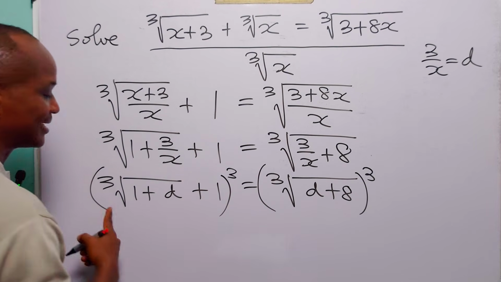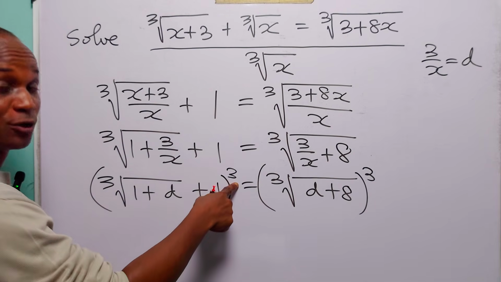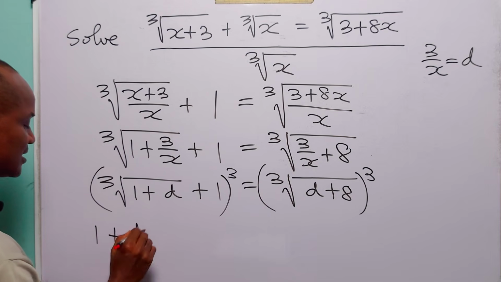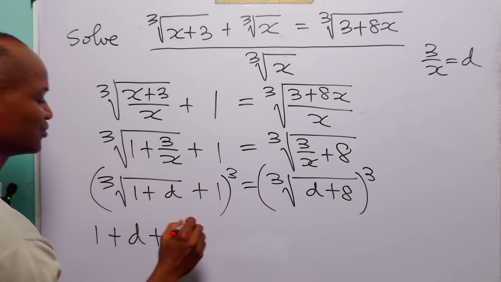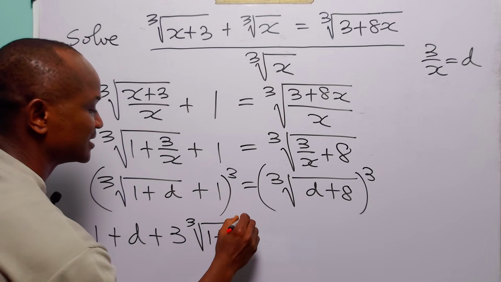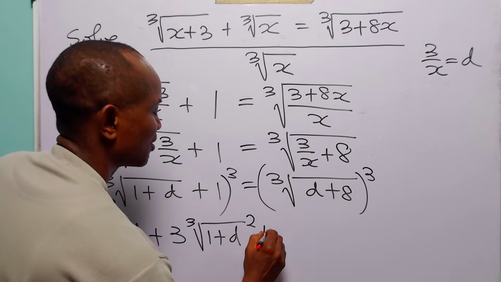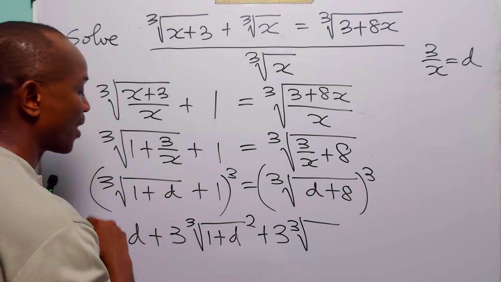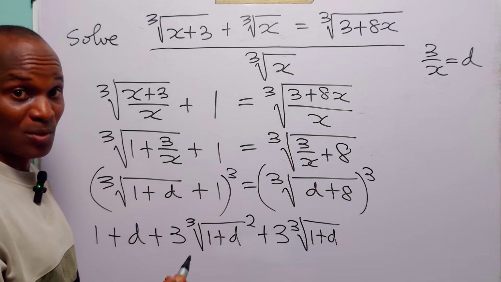Now, to expand the left-hand side, we have the cube root of 1 plus d cubed, which of course is equal to 1 plus d, plus 3 times the cube root of 1 plus d squared times 1, plus 3 times the cube root of 1 plus d times 1 squared.